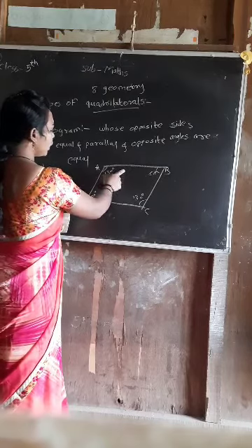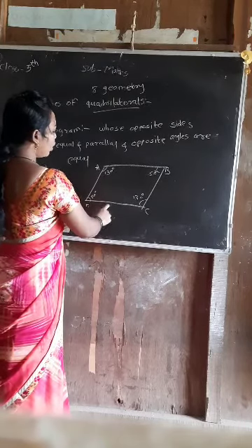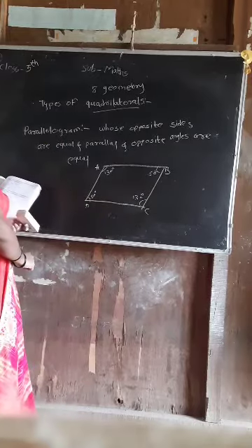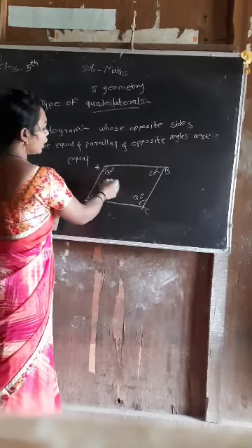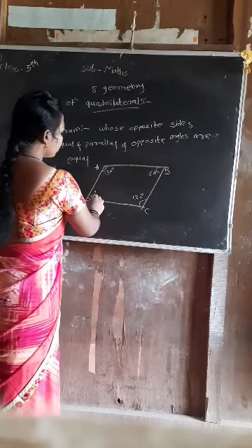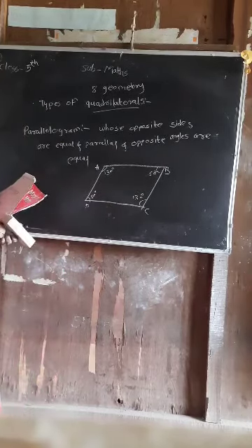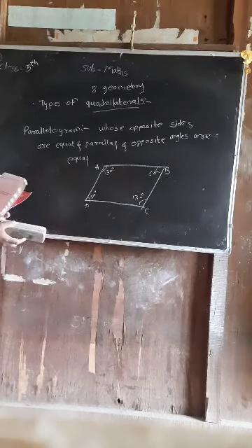That is, AB equal to CD, AB parallel to CD and AD parallel to BC, and opposite angles are equal. That is, angle A is equal to angle C, angle B is equal to angle D. This is parallelogram. Three types of quadrilateral.